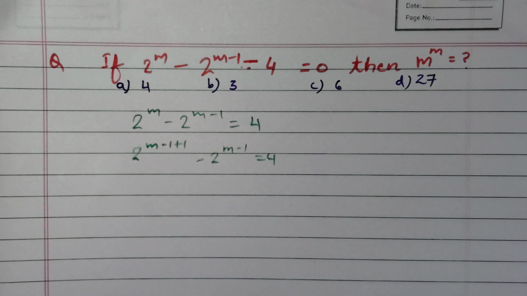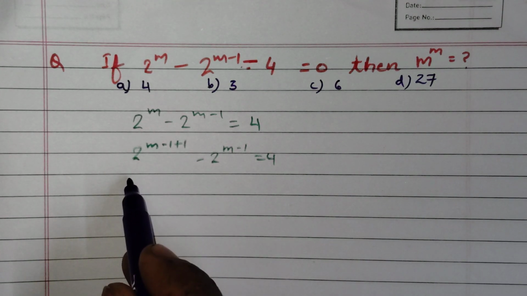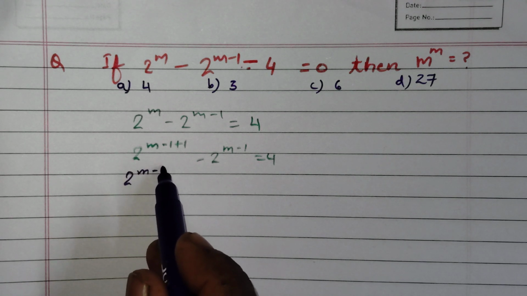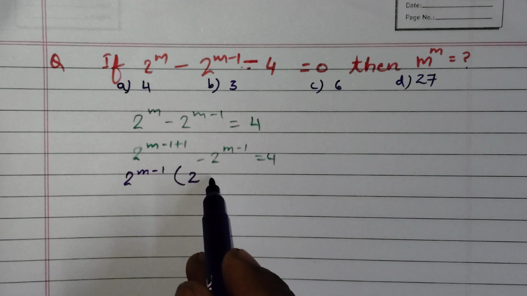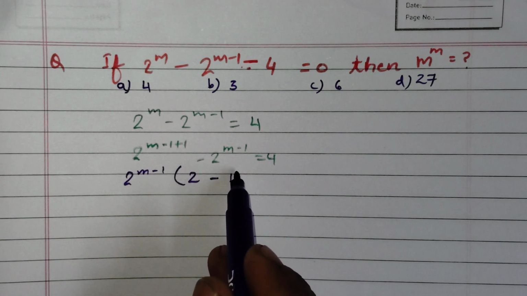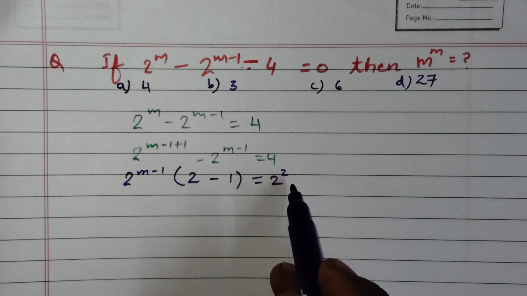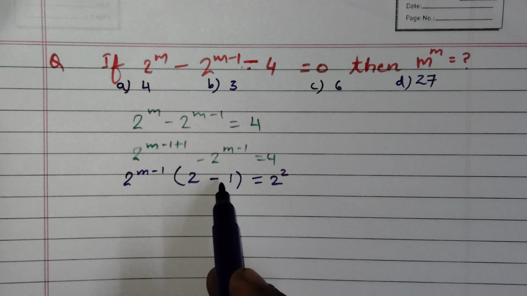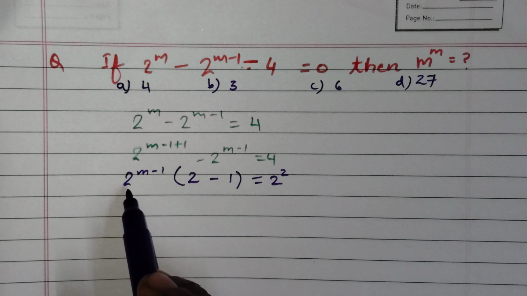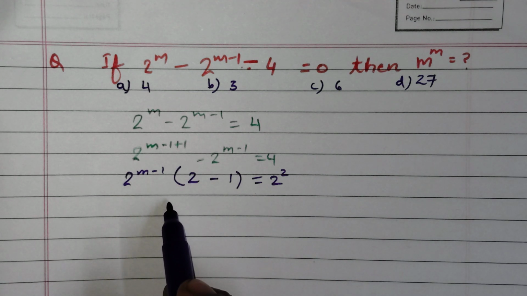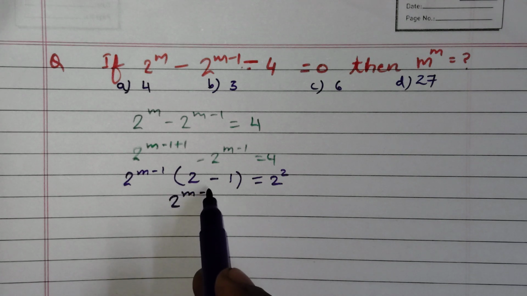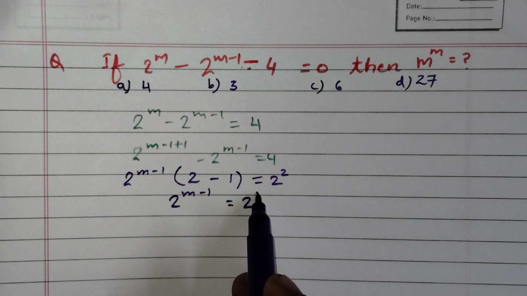Taking 2 raised power m minus 1 common, we get 2 minus 1 inside, and 4 is written as 2 square. Now 2 minus 1 is 1. 1 multiplied by 2 raised power m minus 1 gives us 2 raised power m minus 1. So 2 raised power m minus 1 equal to 2 raised power 2.